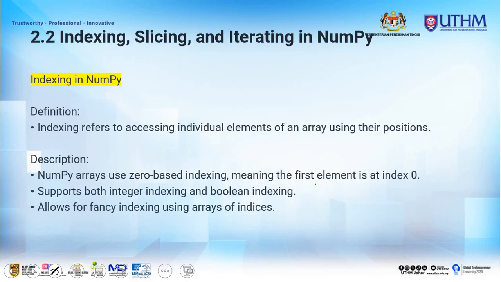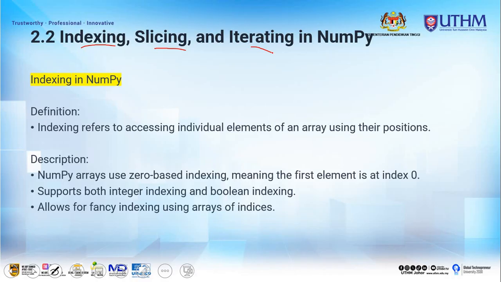Indexing in NumPy. Okay, so we'll learn one by one. Indexing, slicing, and iterating. Indexing refers to accessing individual elements of an array using their positions. If you learned about C++ or Java before, you have come across indexing.